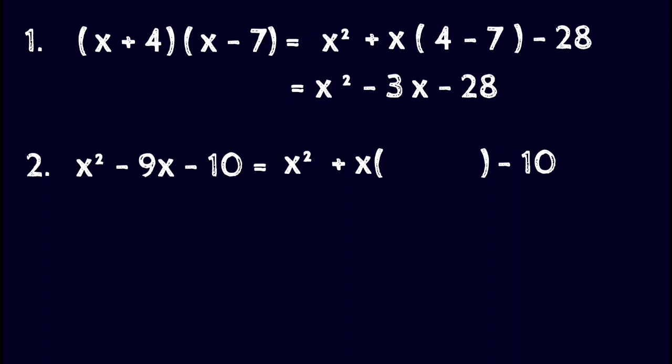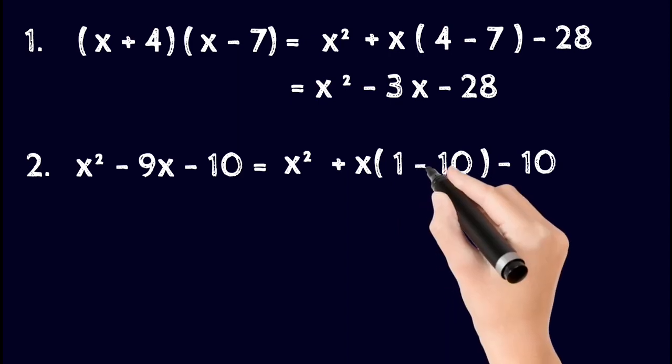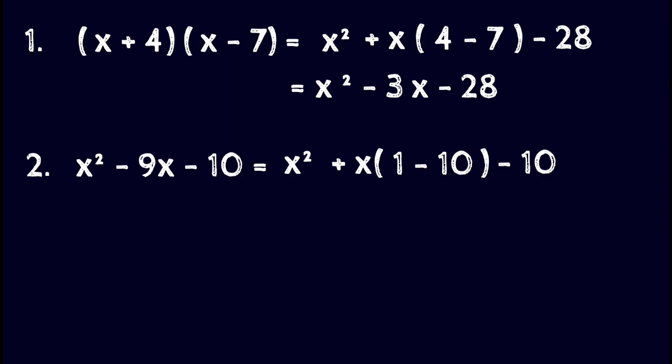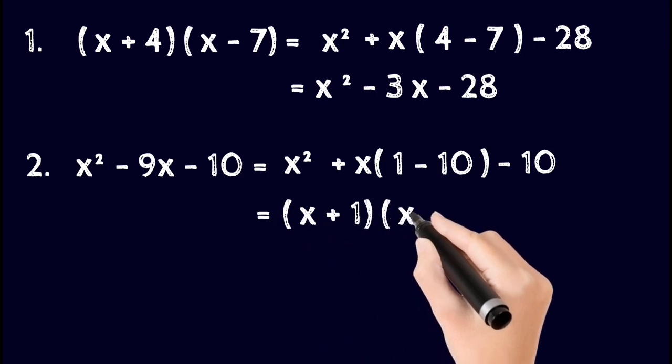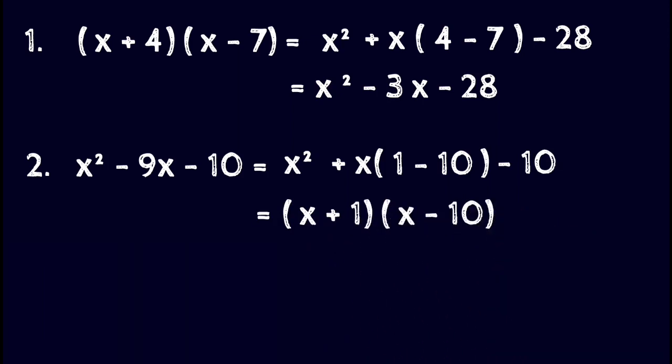So 1 times 10 is 10. 1 minus 10 is negative 9. Because the middle term is negative, the negative factor is the bigger factor of these two. So it's minus 10. Now all I need to do is write two brackets, x with the positive 1 and x with a negative 10. I now take those two numbers inside the bracket.